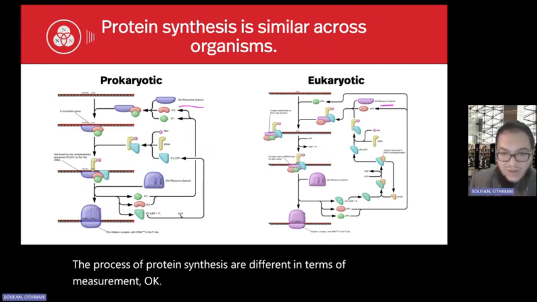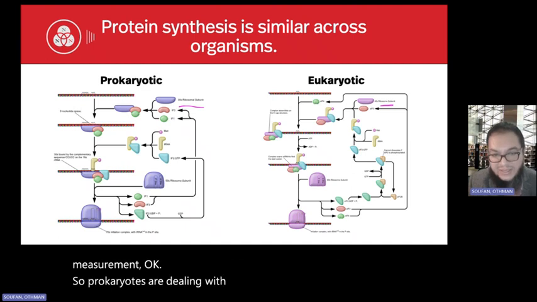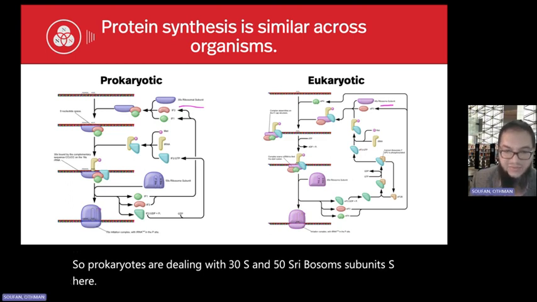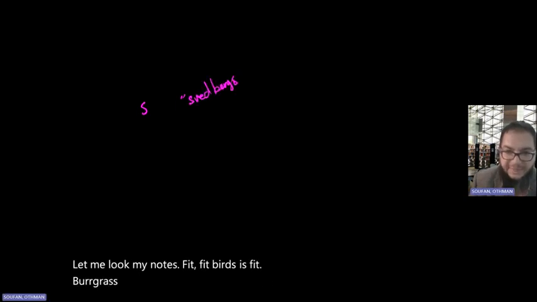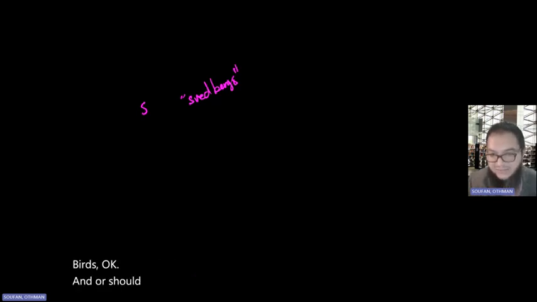So prokaryotes are dealing with 30S and 50S ribosomal subunits. The S here, something I mentioned earlier quickly but let's highlight it here, stands for, let me look at my notes, Svedbergs, or sedimentation rate.